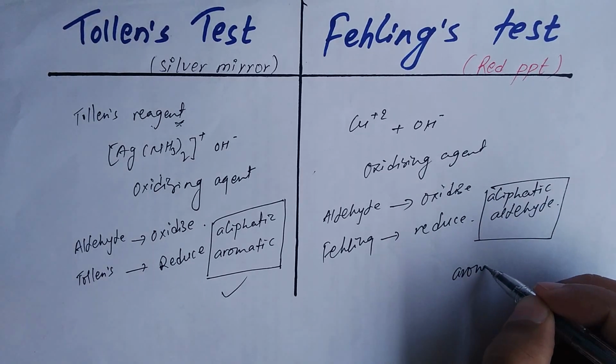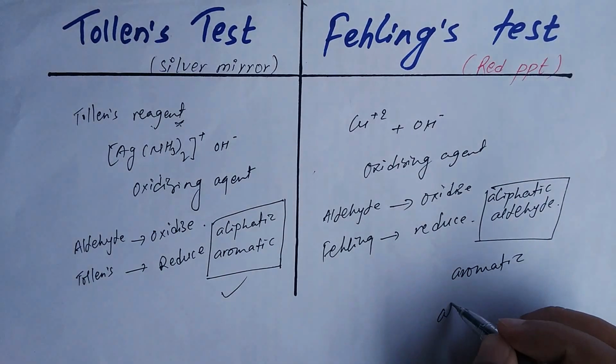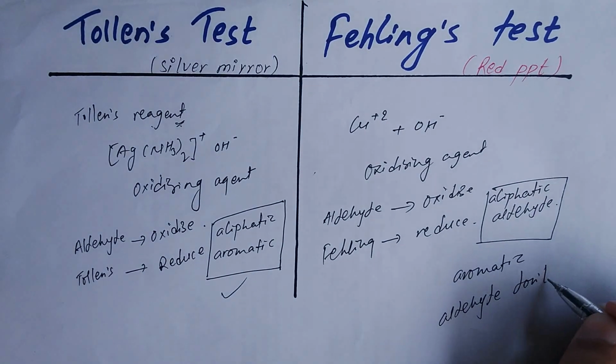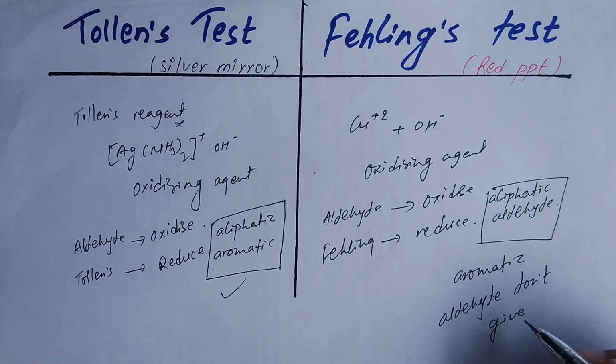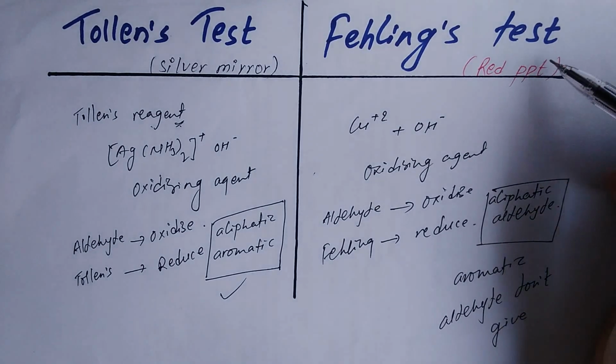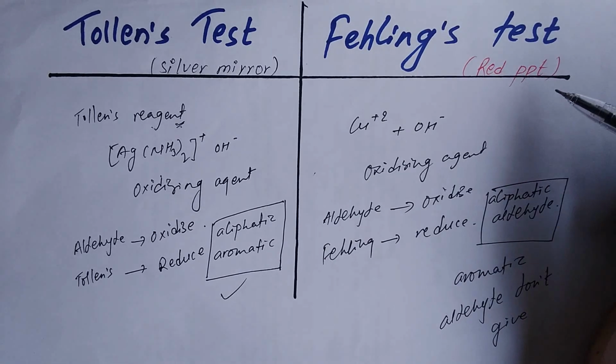Aromatic aldehyde does not give Fehling test. So to separate the aliphatic aldehyde from aromatic aldehyde, we can use Fehling test.